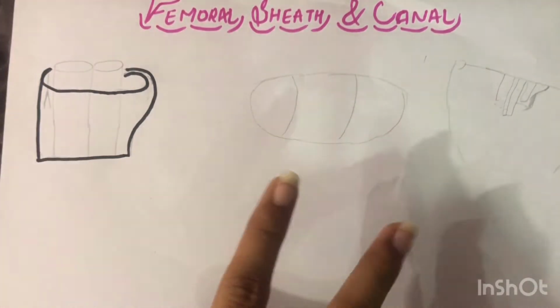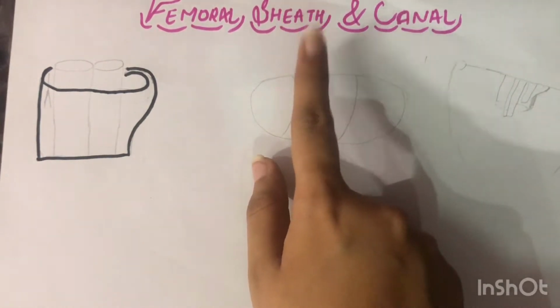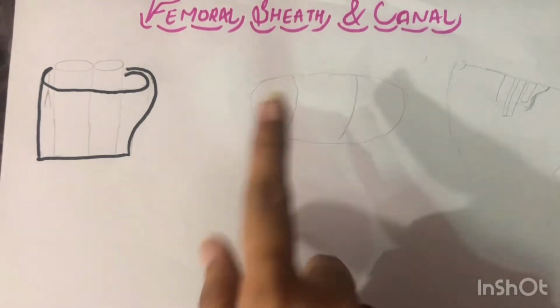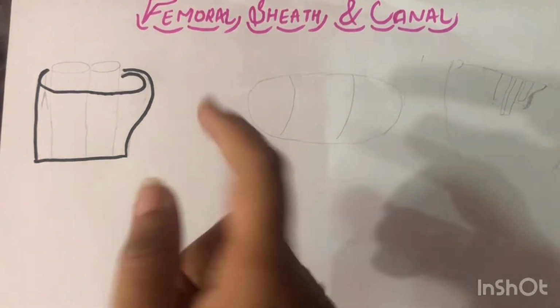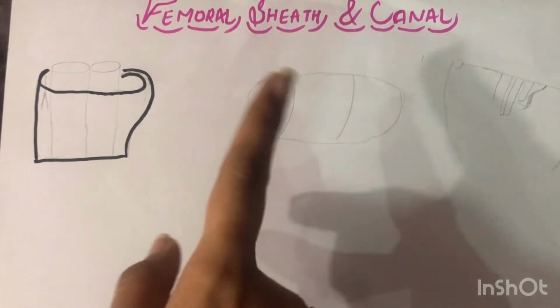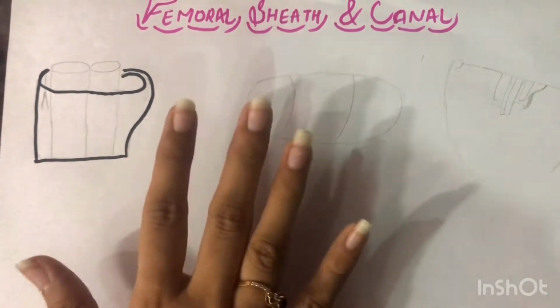There are two fascia which make the femoral sheath. The first is fascia transversalis and the second is fascia iliaca. Anteriorly it is formed by the fascia transversalis and posteriorly by the fascia iliaca, right?